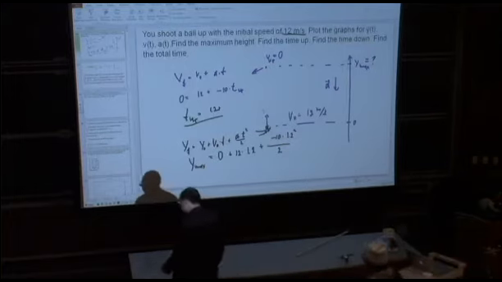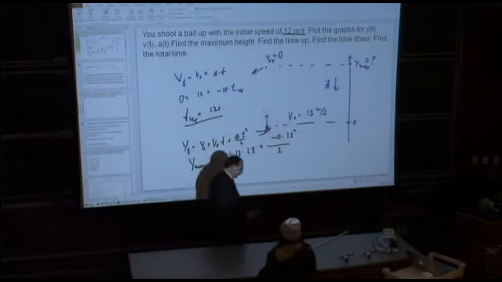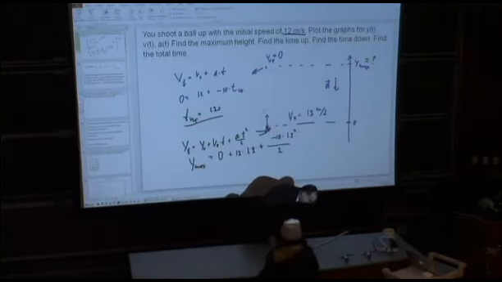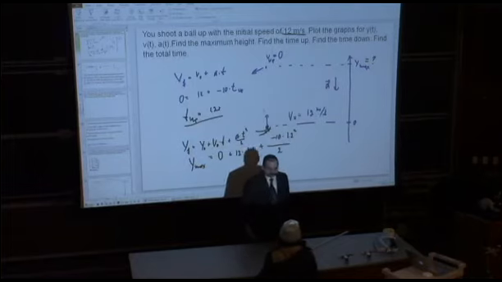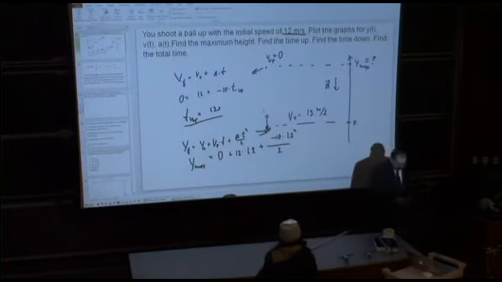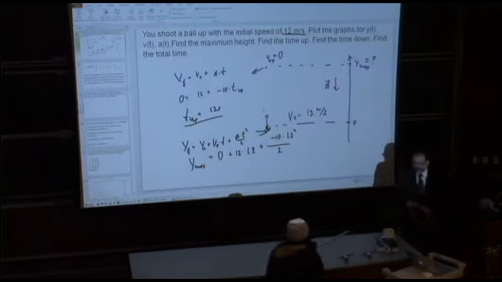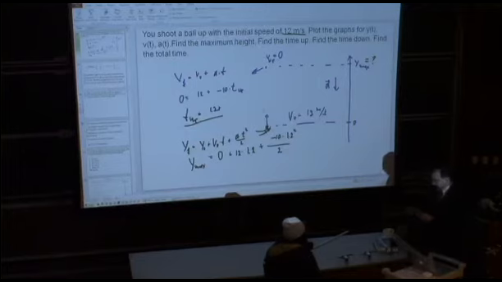Now, I have another question. What is a negative vector? Or a negative velocity? Well, those are different things. A negative vector is a very bad wording because technically there is no such thing as a negative vector. But people use this term sometimes to describe the fact that a vector has a negative component. Like when we say negative velocity, we mean that the component of velocity is negative.